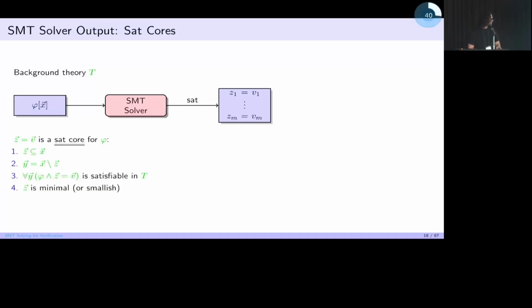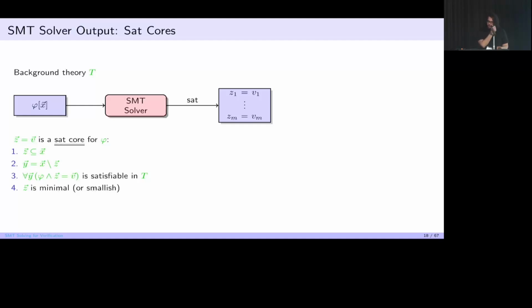You can think of this as a subset of the variables that occur in your problem, and then you get the invariant that for all the variables outside the subset that you consider, so these y's, no matter which value they take, the formula is still satisfiable, which means that the values that these variables y take do not matter for the satisfiability of the problem.